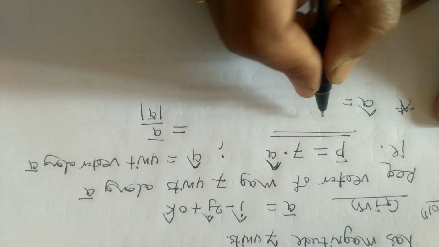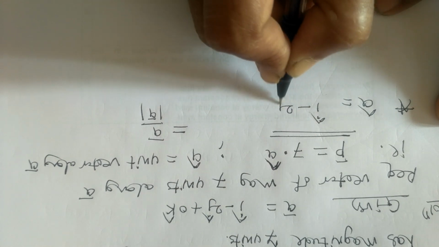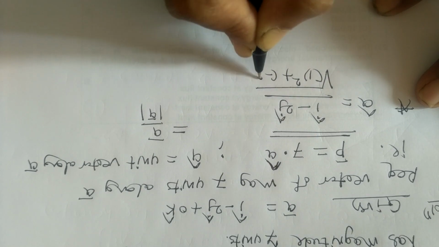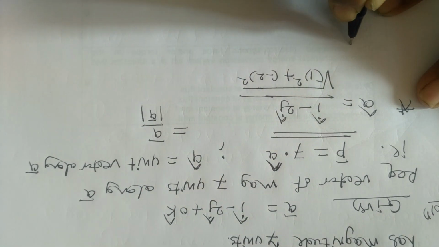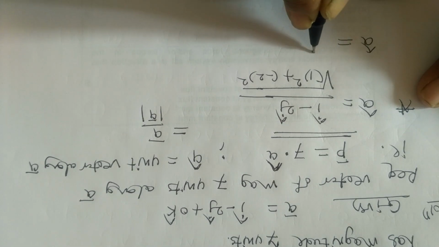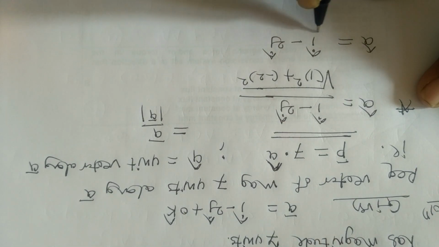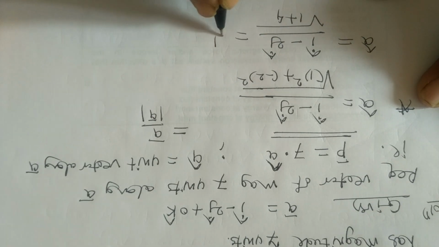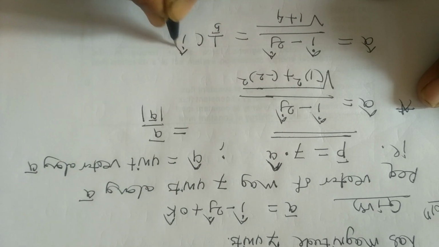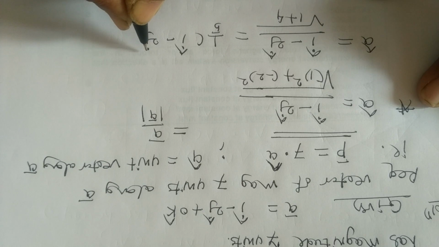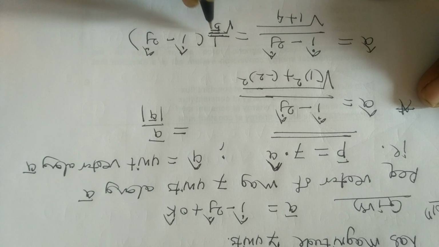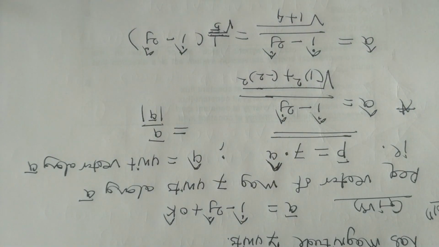A bar upon the magnitude of a bar means i cap minus 2j cap upon its magnitude, which is the root of 1 squared plus minus 2 squared. So a cap is equal to i cap minus 2j cap upon root of 1 plus 4, that is 5. So we get 1 upon root 5 times i cap minus 2j cap. That vector is given.